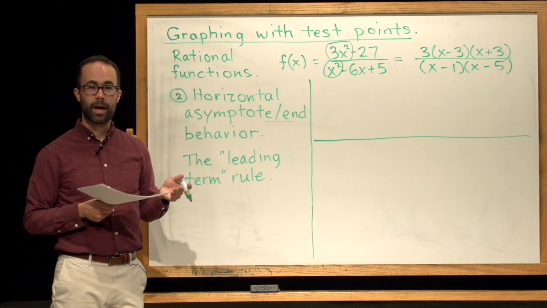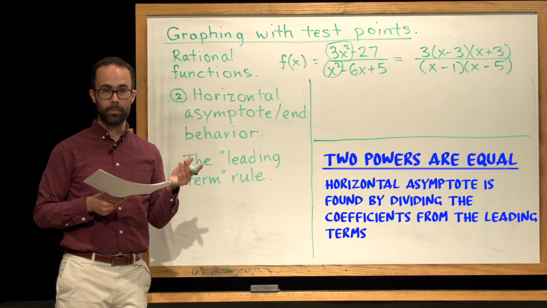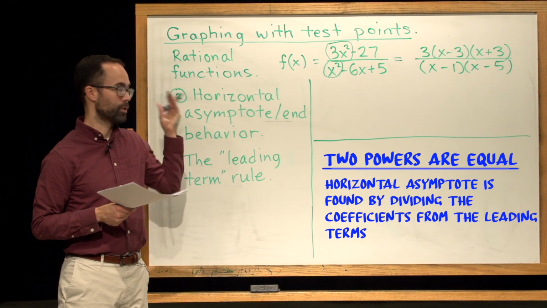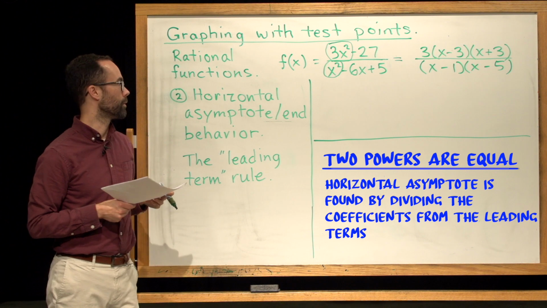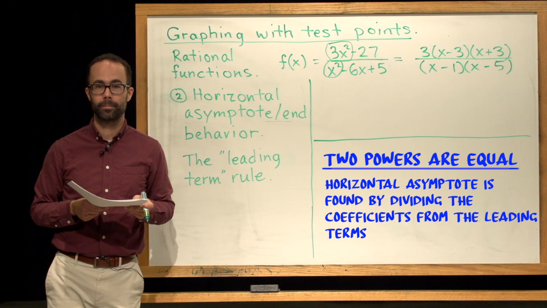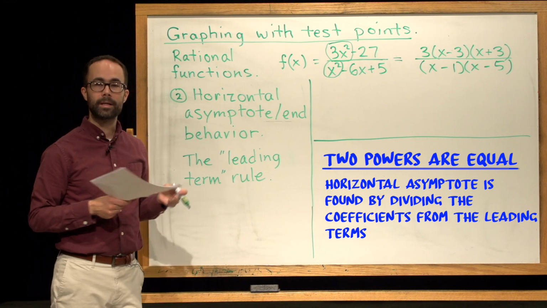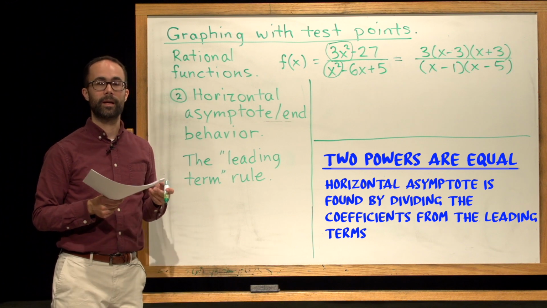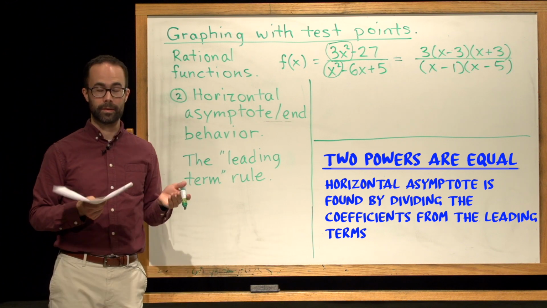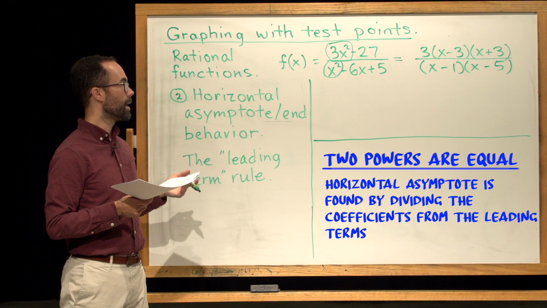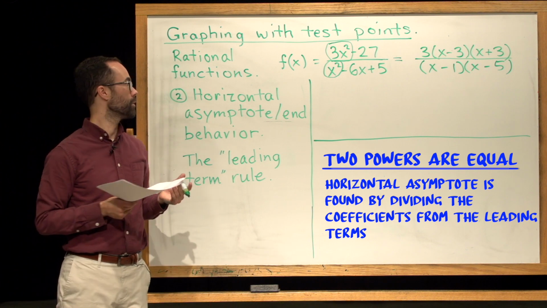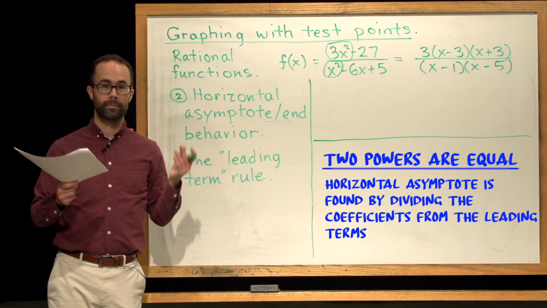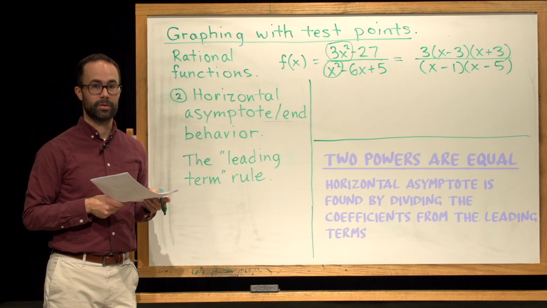The second thing that could happen is the 2 powers are the same, and that's what happens in this particular example. We have the x squared on both the top and the bottom. Well, in that case, we only need to consider the coefficients. You can think of those powers of x as canceling each other out exactly. And then you do have a horizontal asymptote. It's the ratio of those 2 coefficients.